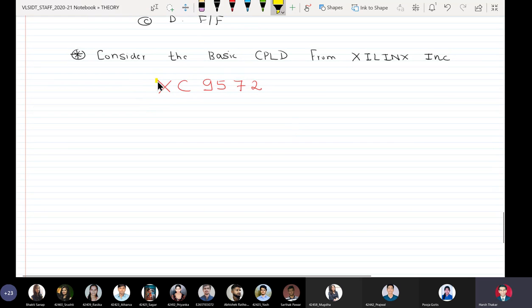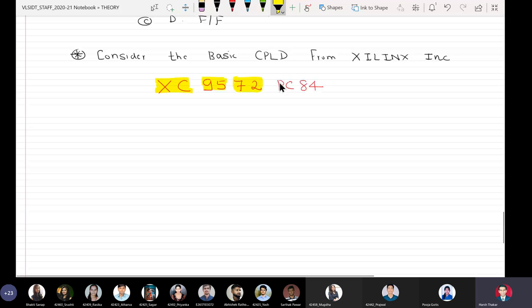The first field is XC, which as usual stands for Xilinx Corporation. Second is 95 and third is 72. And then there is what is called PC84.